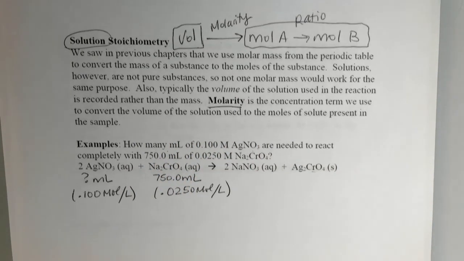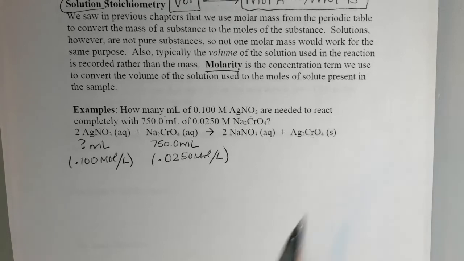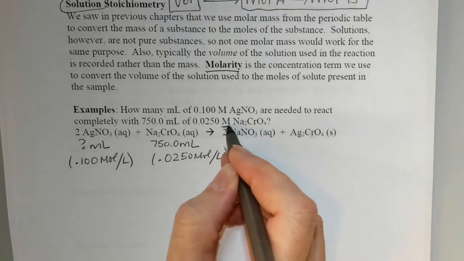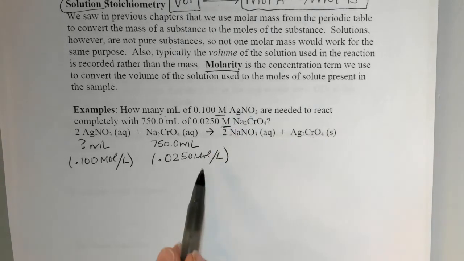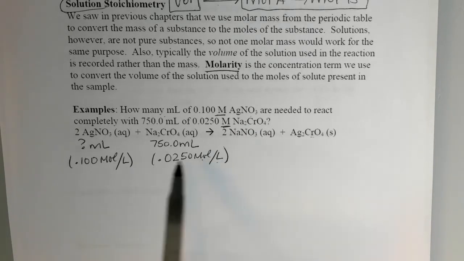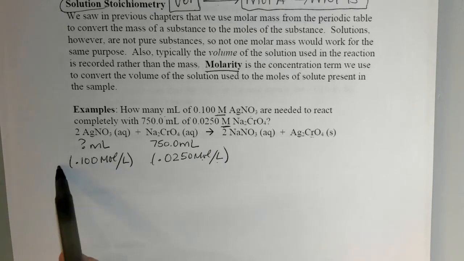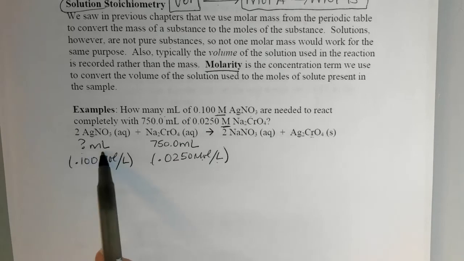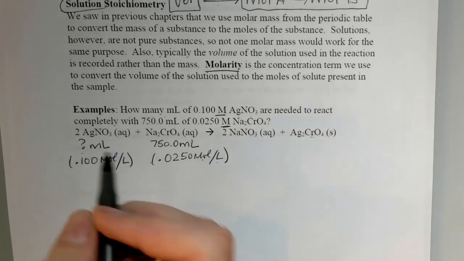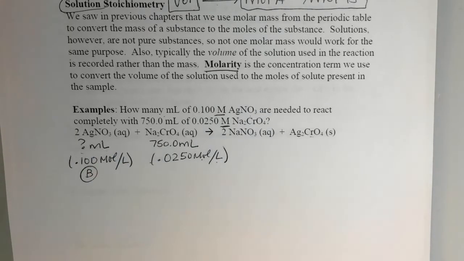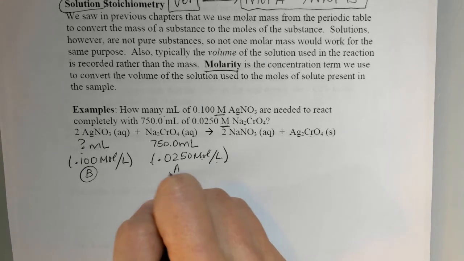So as I mentioned on the first video, molarity is a conversion factor, right? It gives us moles per liter in that capital M. So what I always kind of did to remind myself was molarity is always my conversion factor, so I would always put it in parentheses. And then I'm looking for my volume of silver nitrate. So I'm going to be heading towards silver nitrate, and I'm going to start with the sodium chromate.